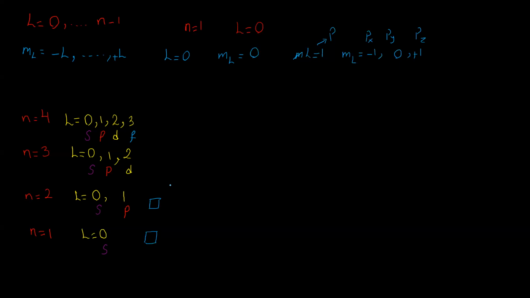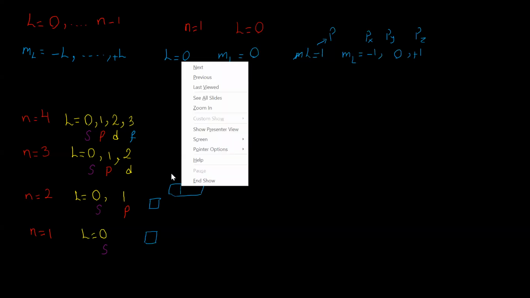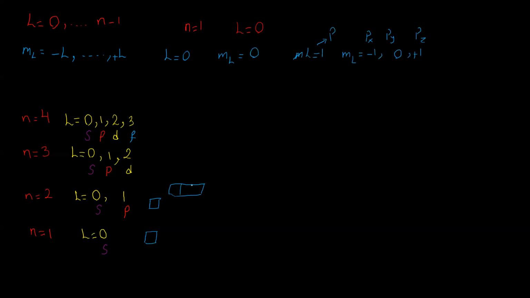But the 3 P orbitals have the same amount of energy. So I show it as 3 orbitals without any gap between them, that means they have an equal amount of energy. And here we have S, 3P, that they have the same amount of energy.